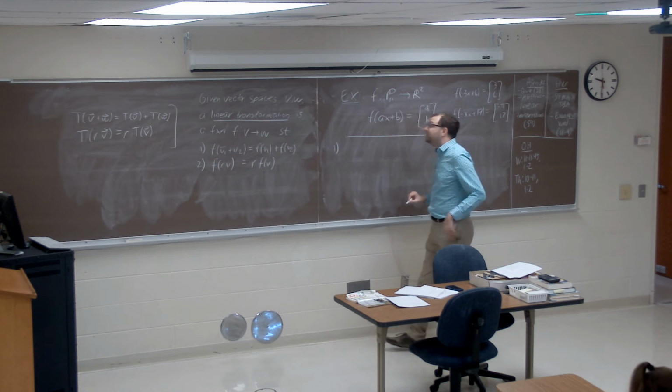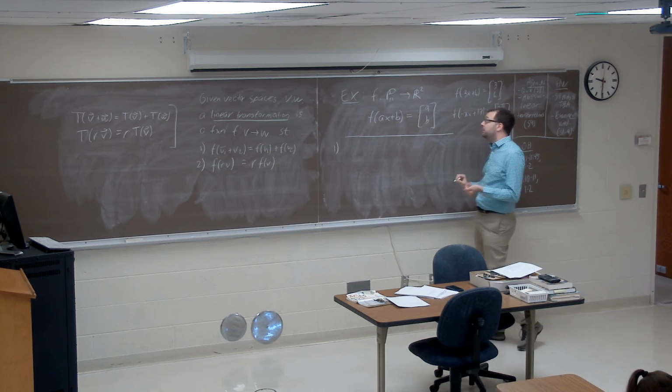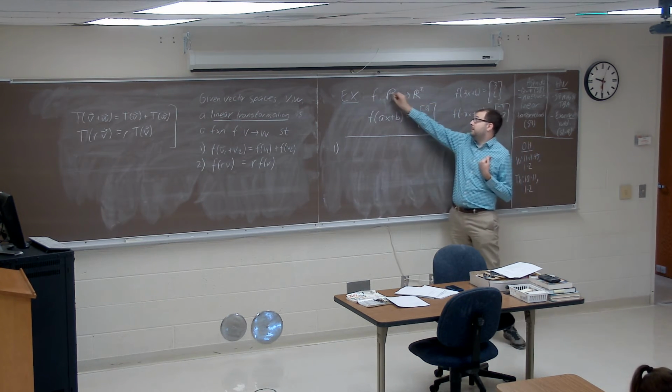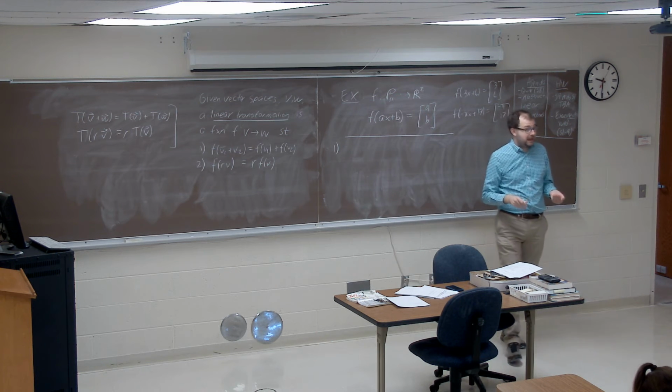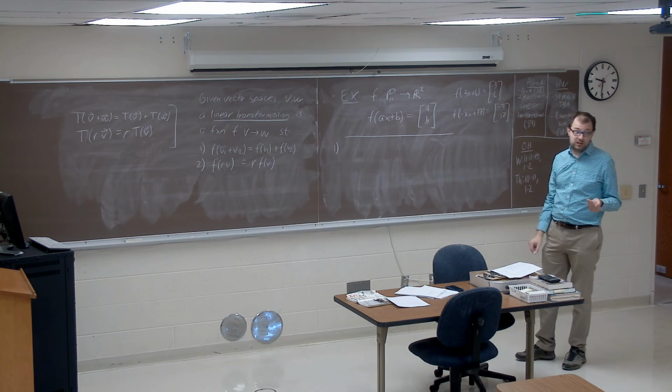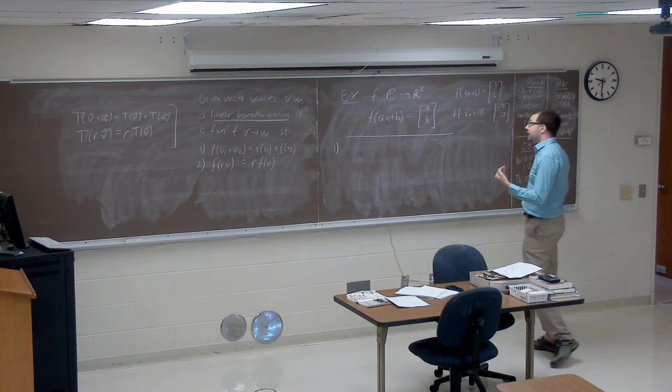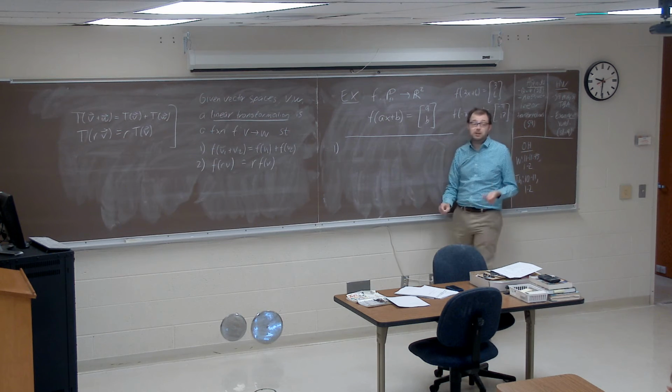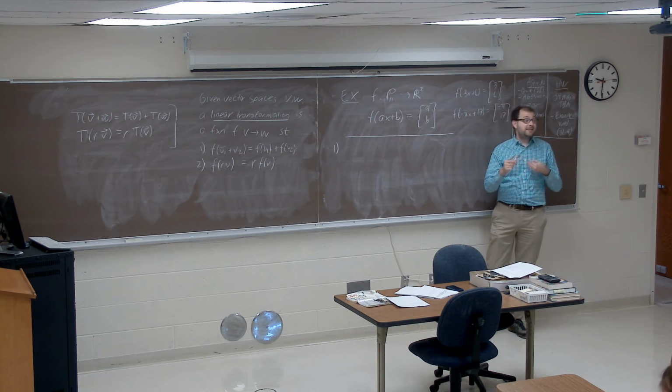So the first condition tells us that if we add two elements in our first space, in our domain, and then plug in the function, we should get back the same thing as if we took f of the first element plus f of the second element and added them together in our second vector space, in our codomain.